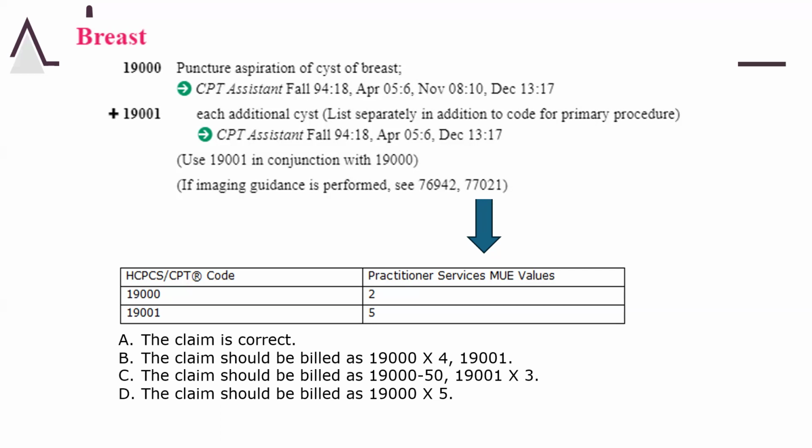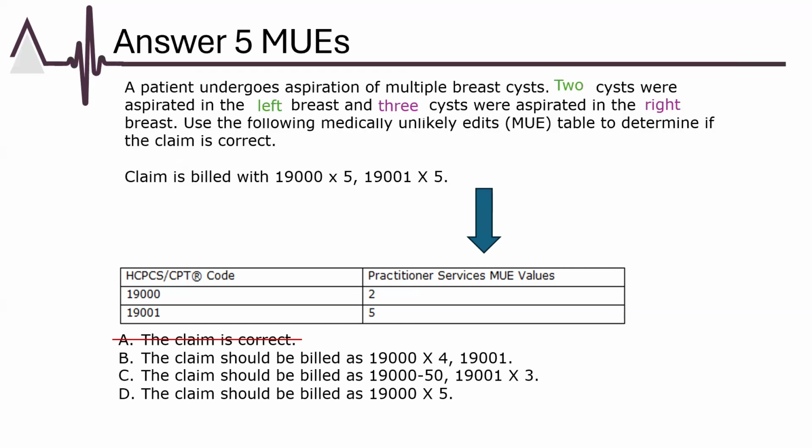Using the process of elimination, based on the information we have, we can see that 19000 should never be billed more than twice. Therefore, that eliminates any answer with 19000 with more than 2: A, B, and D. As a reminder, modifier 50 indicates bilateral.